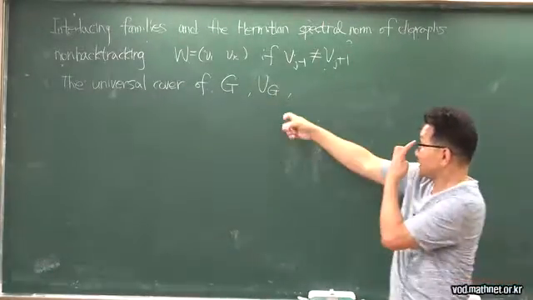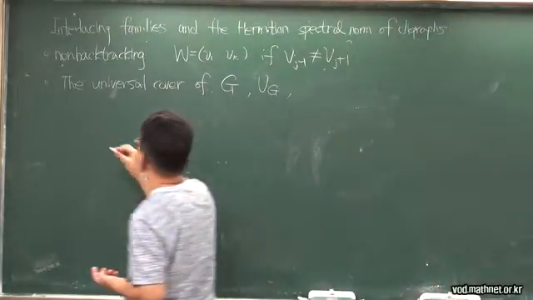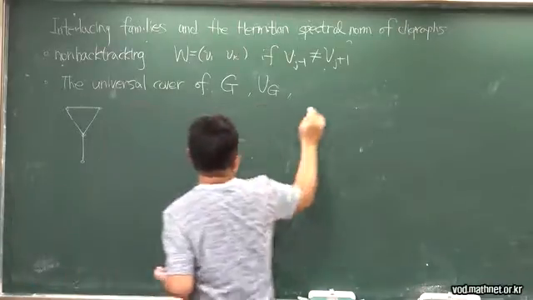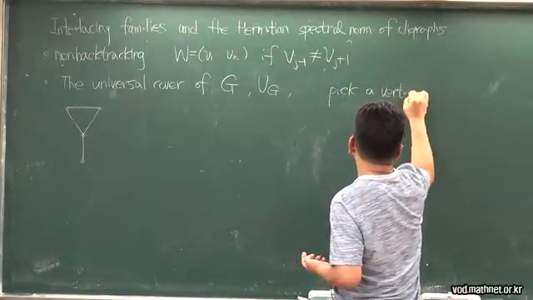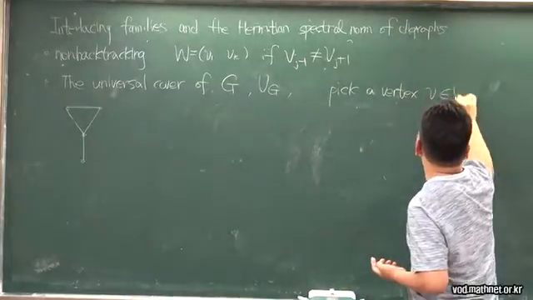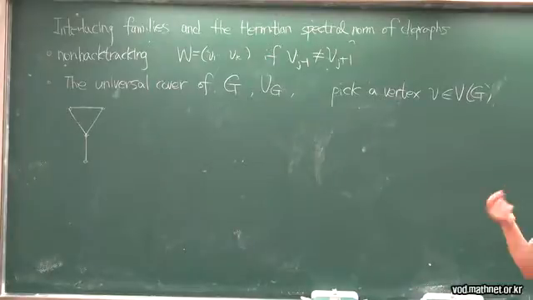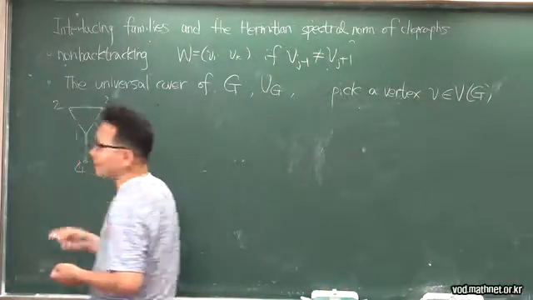Pick any vertex v from the vertex set of graph G. Maybe you can pick 1, 2, 3, 4. Maybe you can pick one like that.